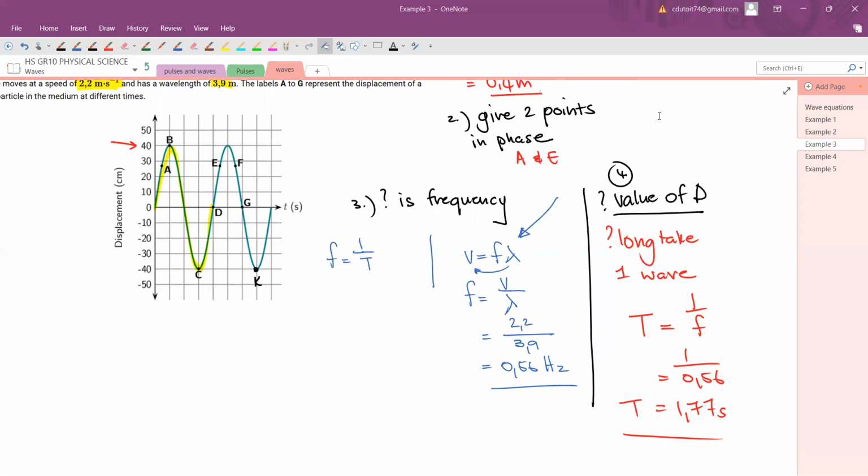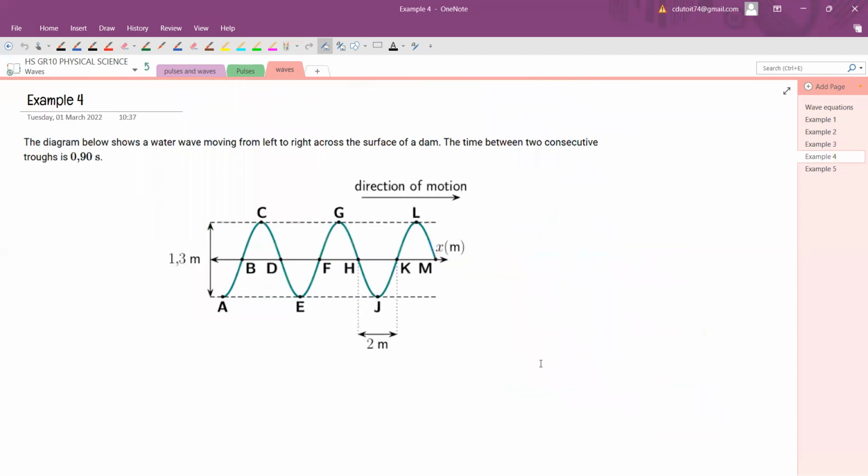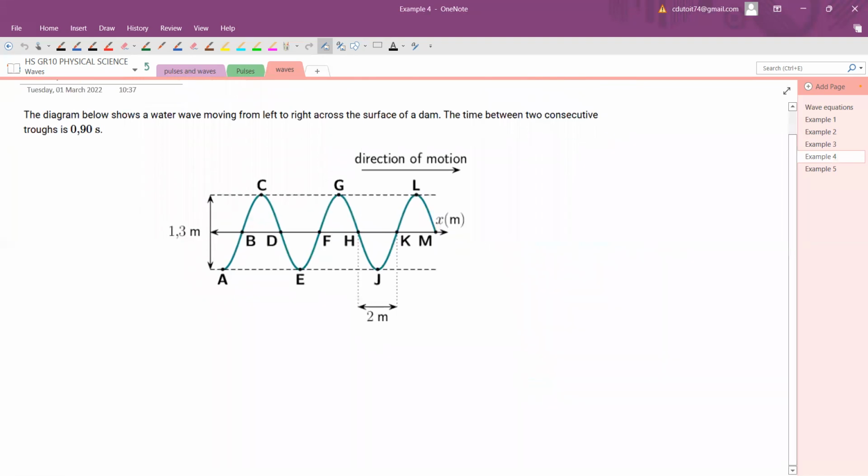Okay, let's do the final example. Let's quickly do this one. The diagram below shows a water wave moving from left to right across the dam surface.